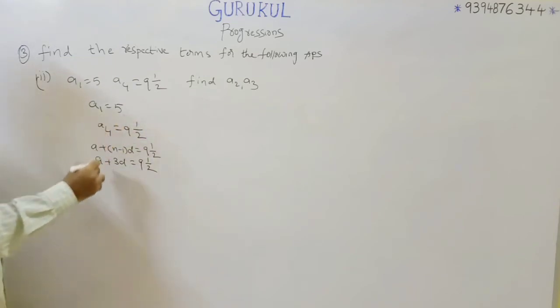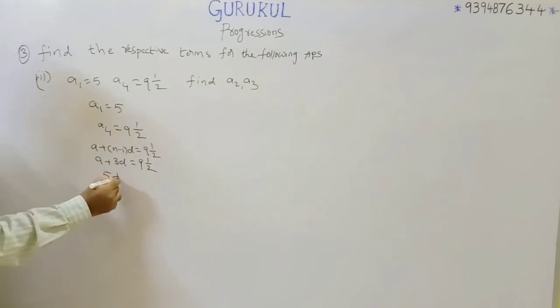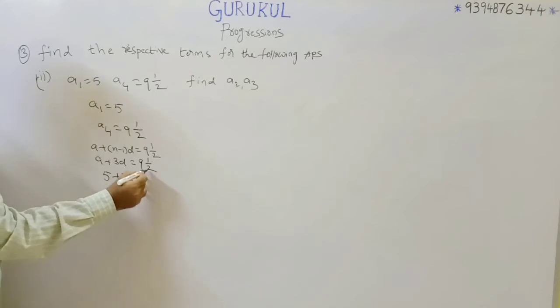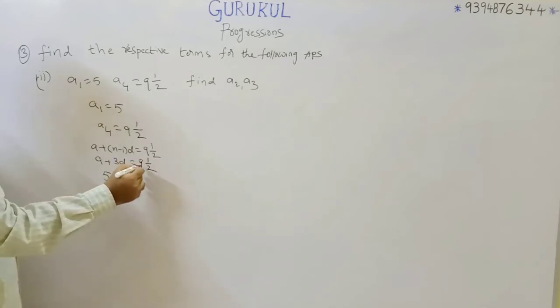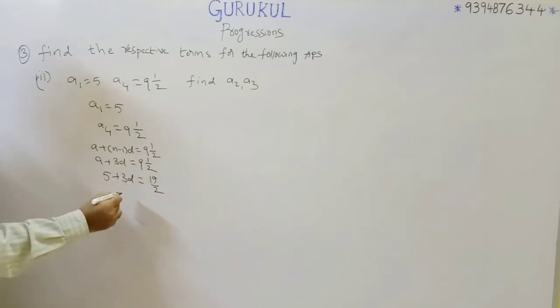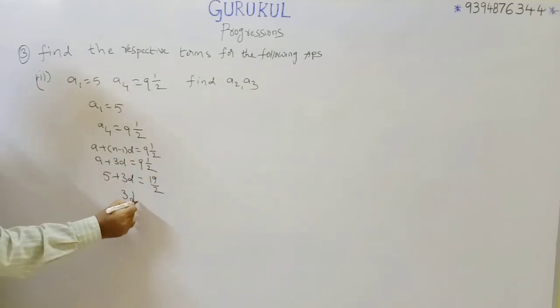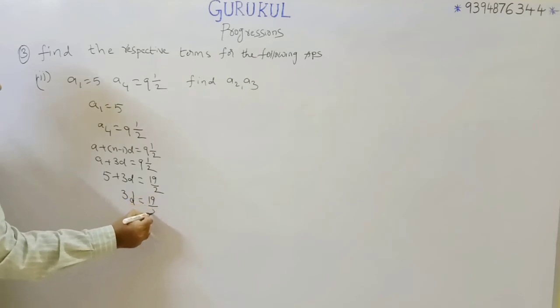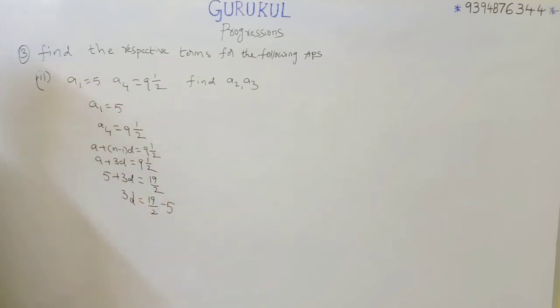Here a is 5. 5 plus 3d equals 19 by 2, since 2 into 9 is 18, 18 plus 1, 19 by 2. 3d equals 19 by 2 minus 5, the 5 moving to the right side as minus 5.